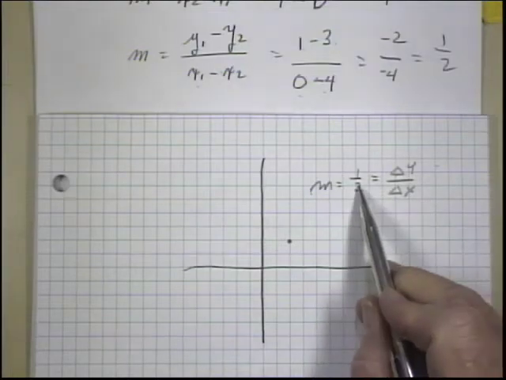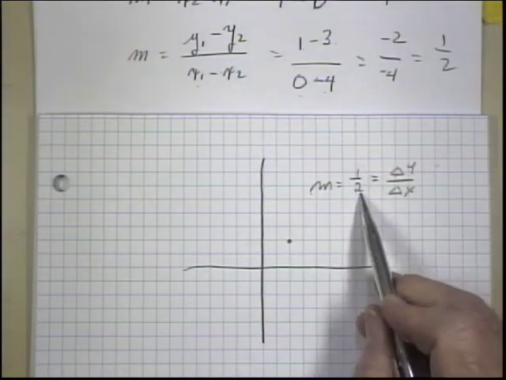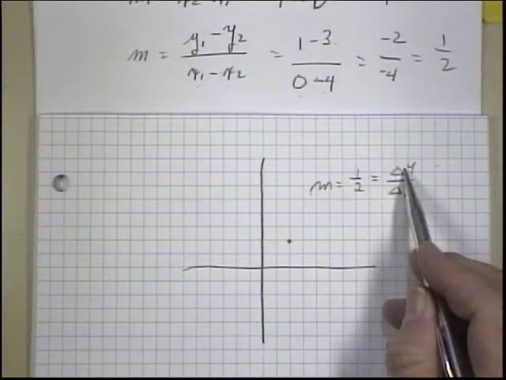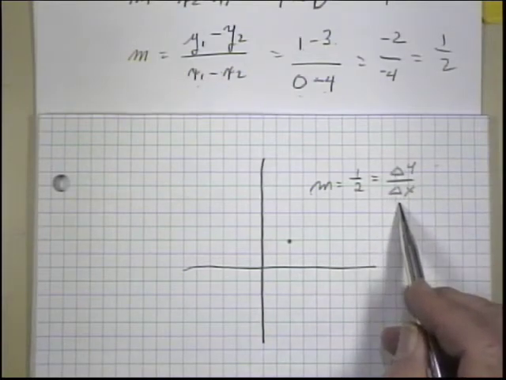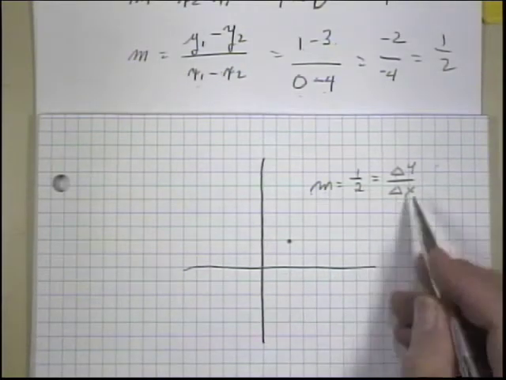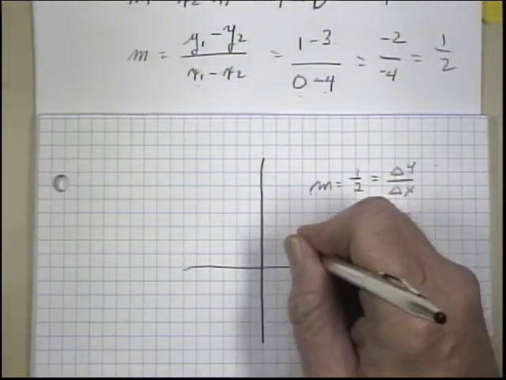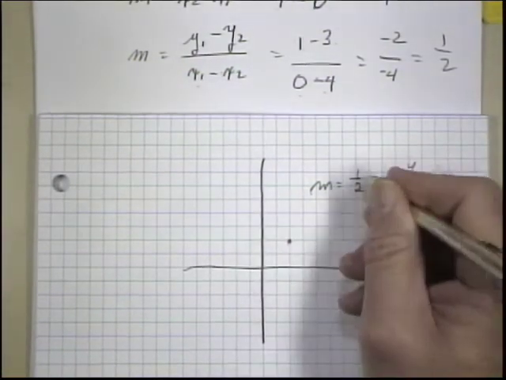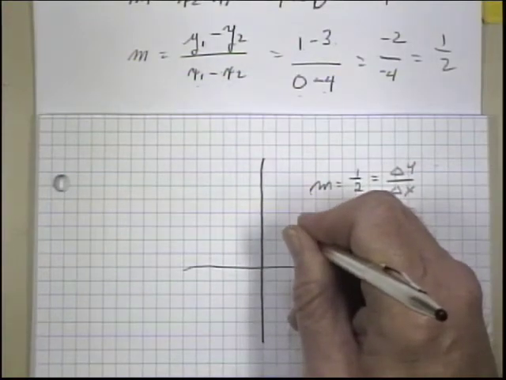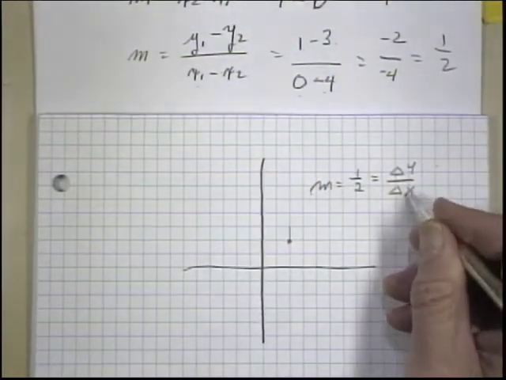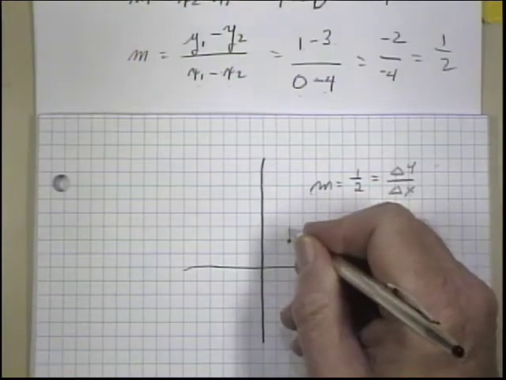So this is like saying the slope equals 1 over 2, which is the change in y divided by the change in x. So what's the change in y? It's 1, so it'd be positive 1. It's a positive number, so it'd be 1 up. And the change in x is 2.